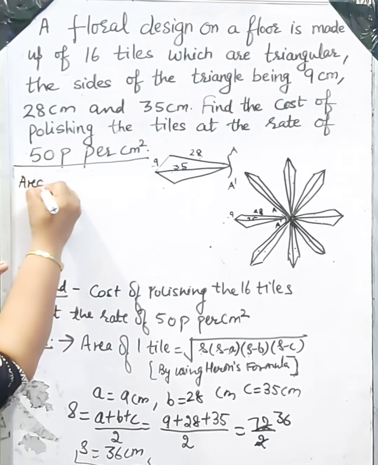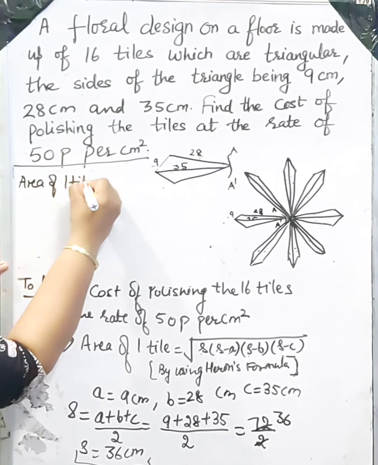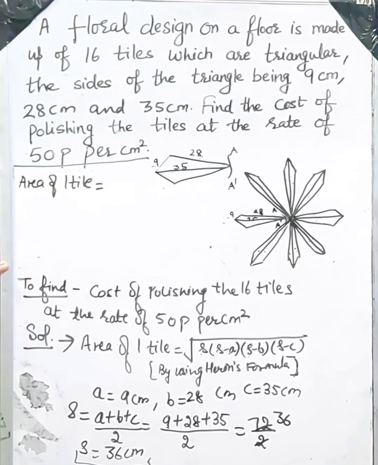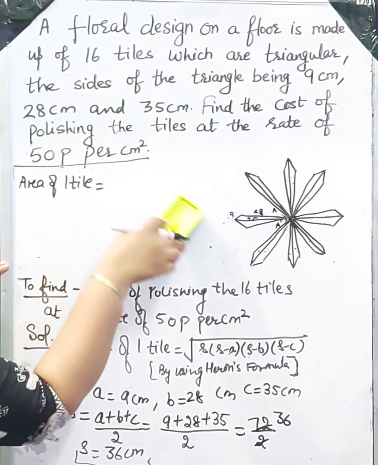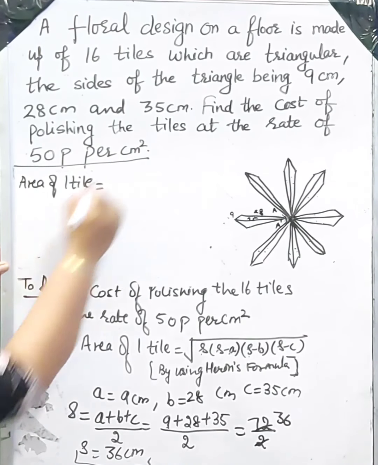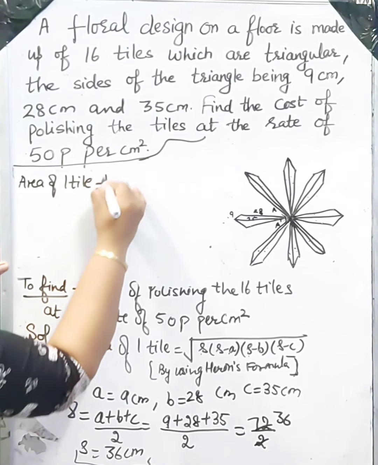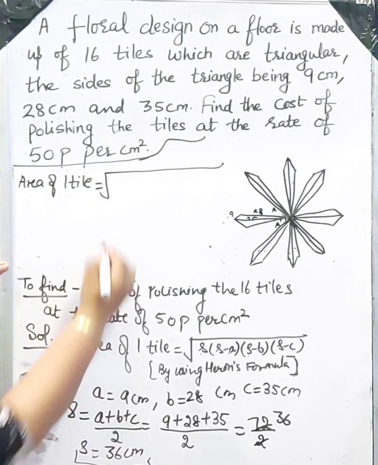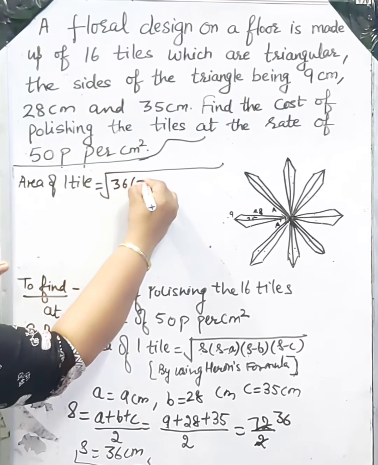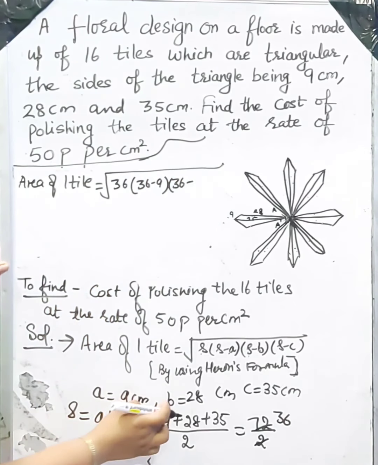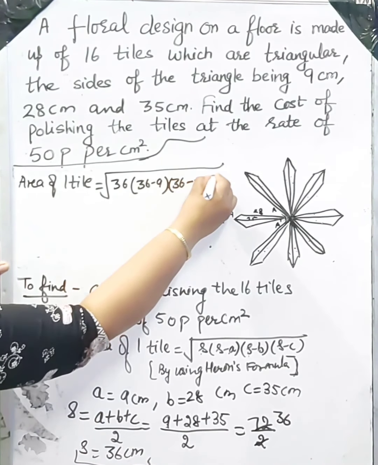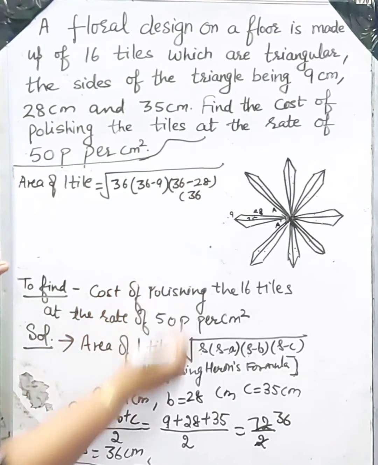Area of one tile equal to under root s, s minus a, s minus b, s minus c.